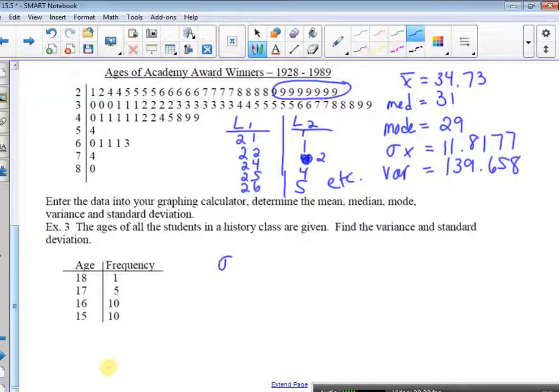So the standard deviation is 0.847, and the variance would be that squared, so that's about 0.717409. Okay, so that's basically what you do there. Next time we're going to see what we're actually going to do with those things.